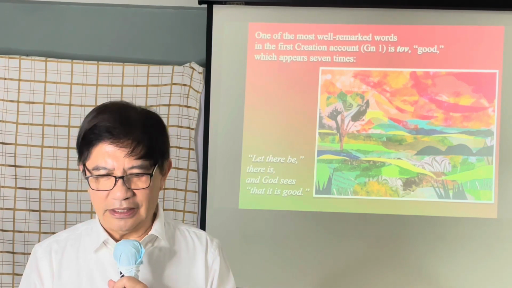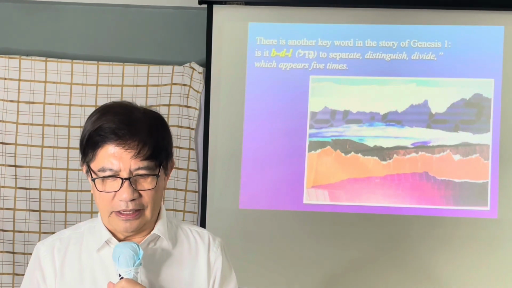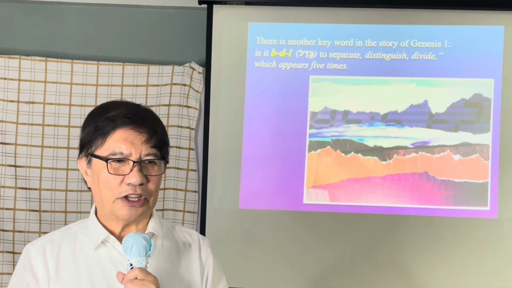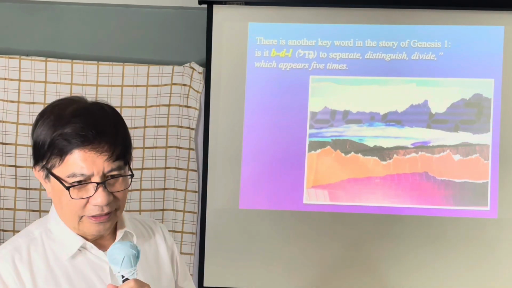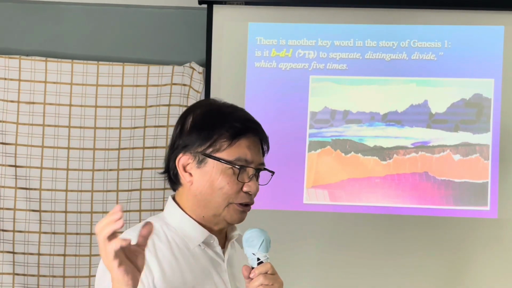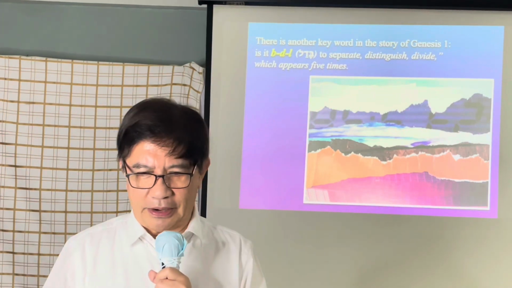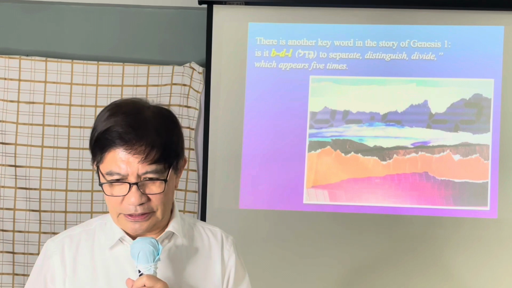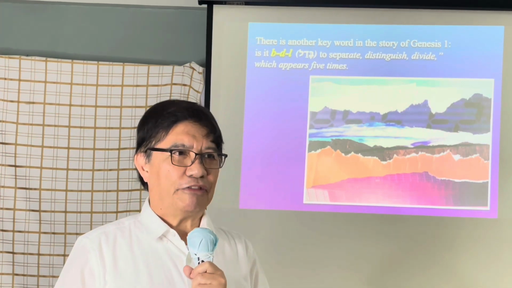Tov. There's another one that's worth noticing. The other key word in the story of Genesis 1 is bedel. Of course, in Hebrew, you do not have the vowels. So, it means to separate, to distinguish, to divide, and it appears 5 times.